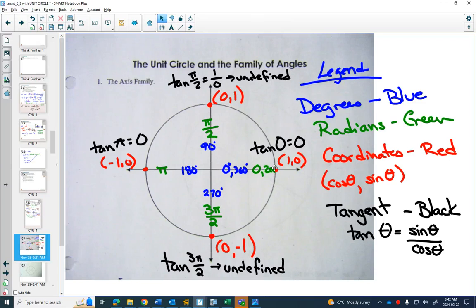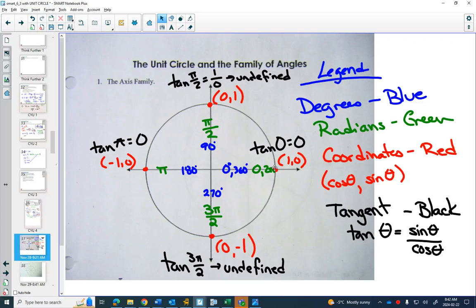So knowing the big ideas and knowing how to label points, we now can do mental math for all of the angles that are on the axis family. And you'll be expected to, from memory, if someone said, hey, what is tan of pi? You'd have to know that that's 0.